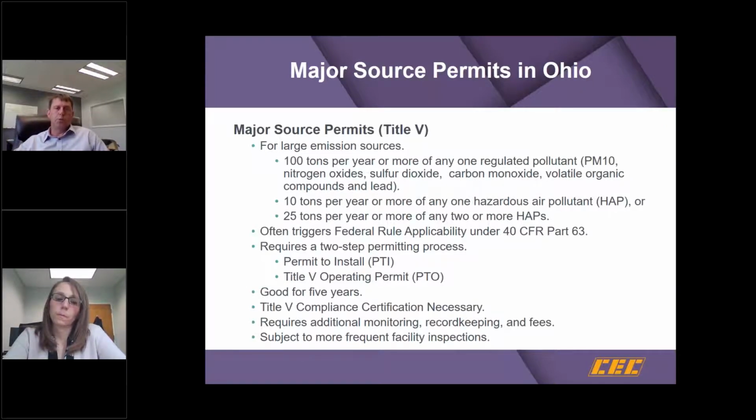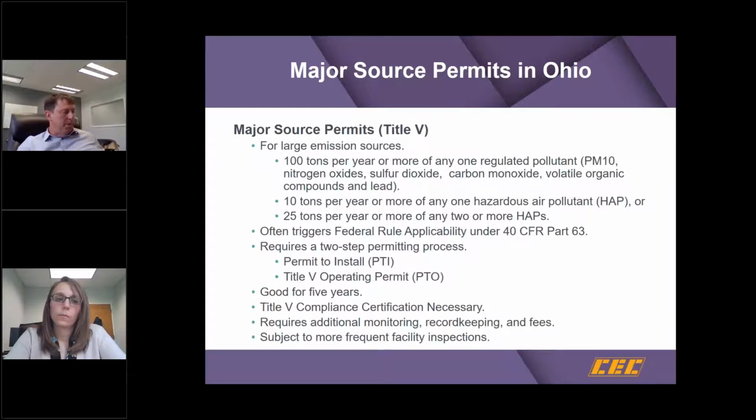You're just under much more scrutiny when you have a facility that has the potential to emit things over that Title V, over that major source threshold. So you're going to do annual compliance certifications, and you're going to have semi-annual deviation reports that are due with these. I think we talk a little bit more about that at the end. So a lot of moving parts with the Title V permits.